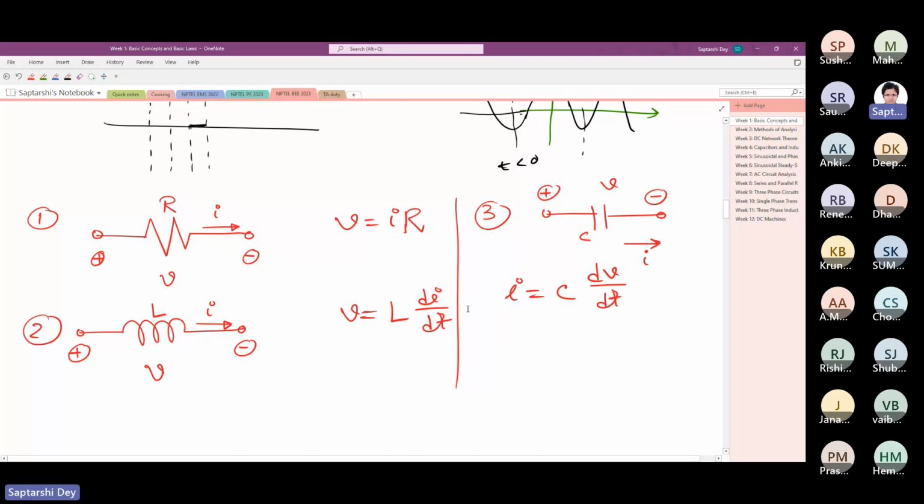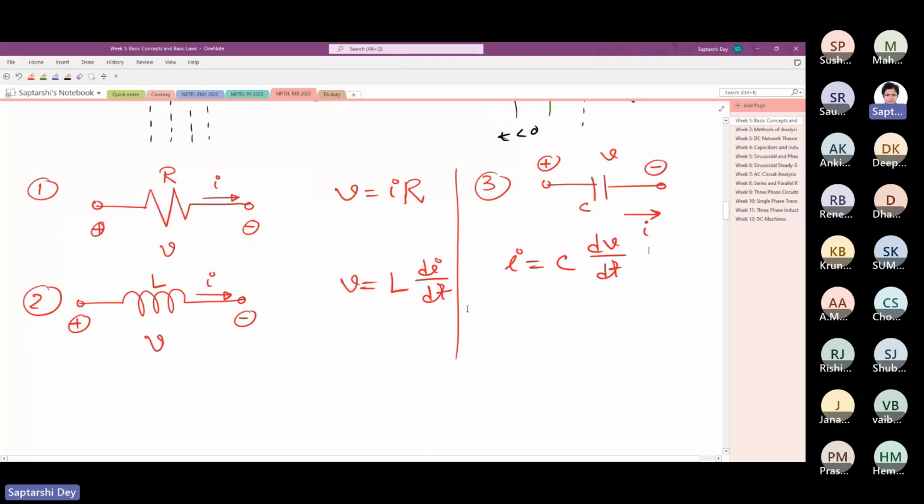See one thing. In this whole discussion, I have written V and I as lowercase letters. Very important. Never mess this up. When I write this in lowercase letters, it doesn't matter whether these quantities are DC, AC, sawtooth, or whatever. It is the instantaneous value. Instantaneous, what is the voltage across the inductor?